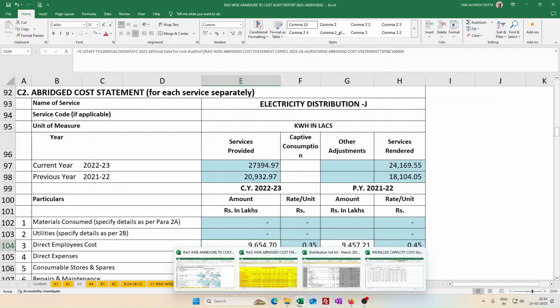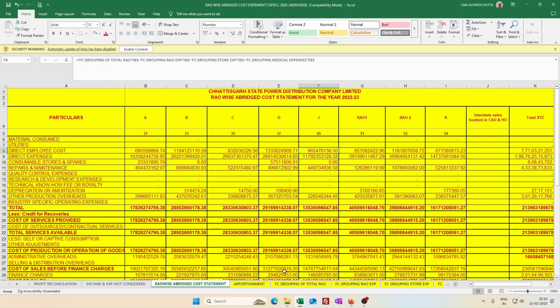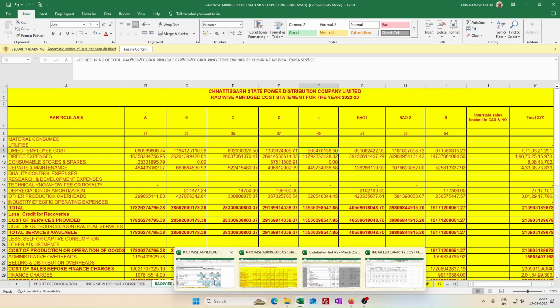So now you understand that these figures just go to the different RAO headwise, nothing else. From this one, the figure has to be taken in there, just linking the file, linking the cell. So this is the basic structure, working sheet for preparing C2, that is preparation of the average cost statement.